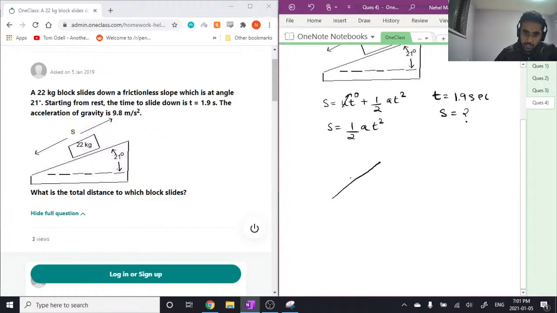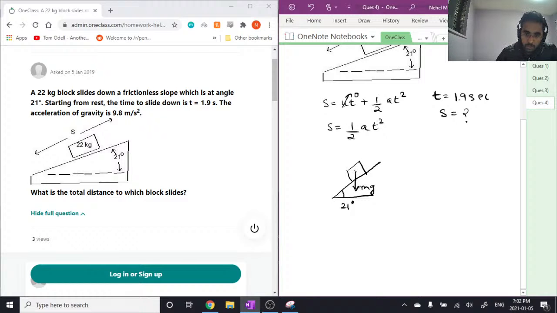So we have an inclined plane, and we have a block which is at an angle of 21 degrees, and this block is 22 kgs. Okay, so we know that. So what I'm going to do is the first force which acts on this is the force of gravity, mg, and there's no friction, so we can ignore that.